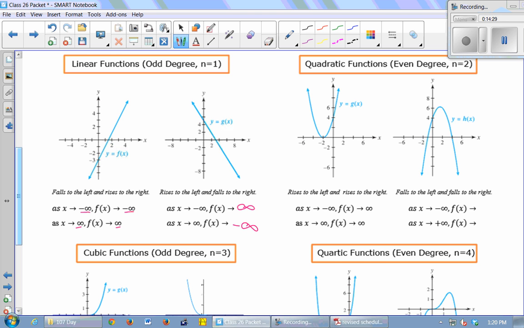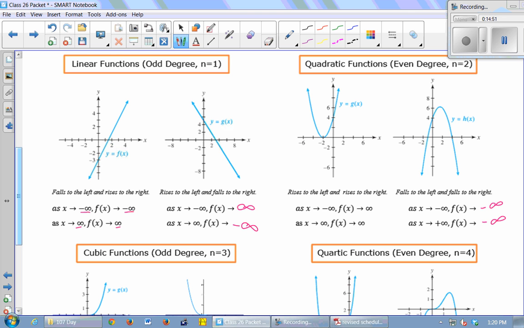And as x approaches positive infinity, f of x approaches infinity. So for this graph on the left, both ends, the right and the left, go up. And now here on the right, both ends, the far left and the far right, both head down to negative infinity. So these should both be negative infinities.